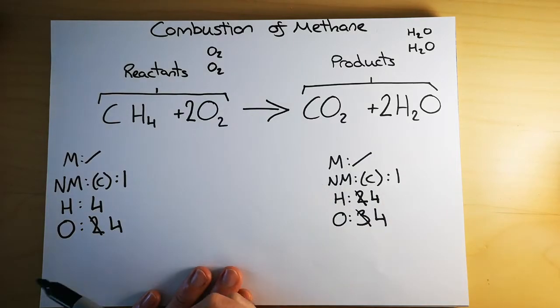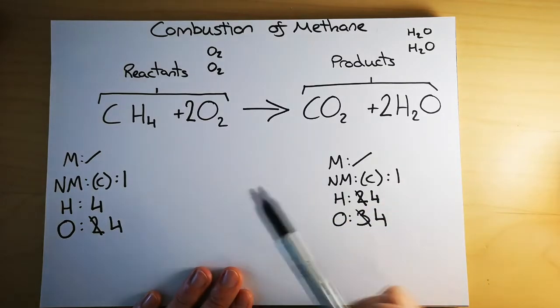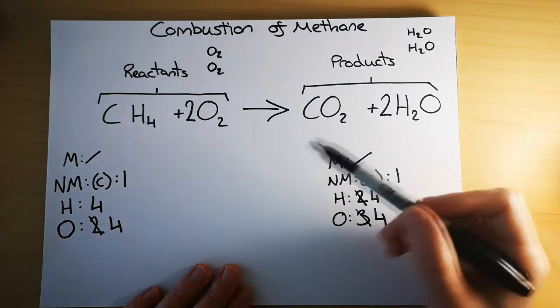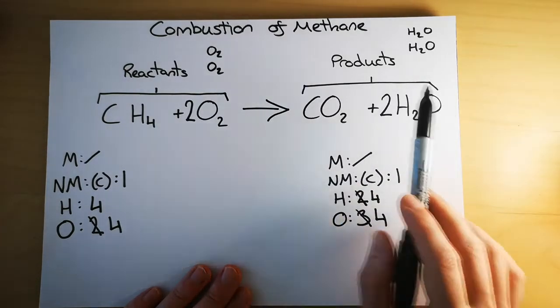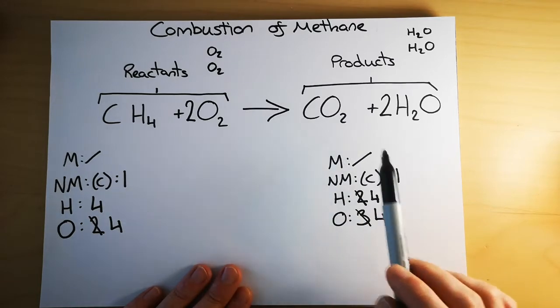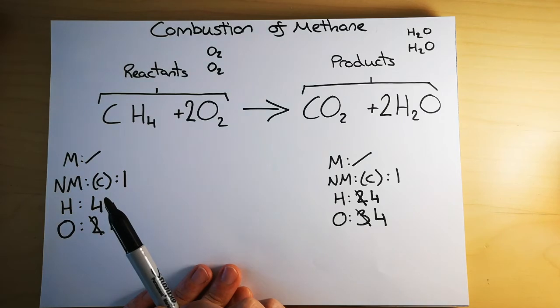That's how you balance these equations, and we're going to move forward and see if, given certain numbers, I can actually work out how many grams or how many moles of these that I produce in the end.